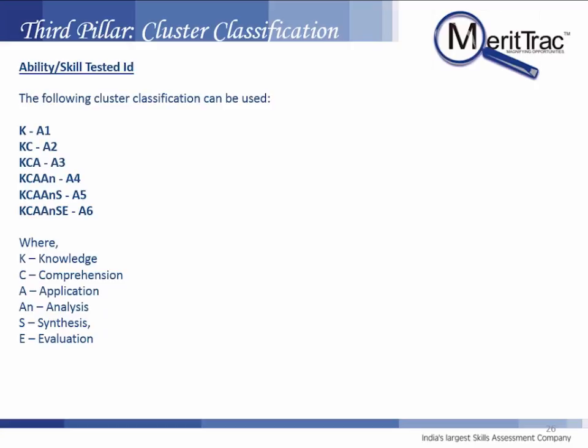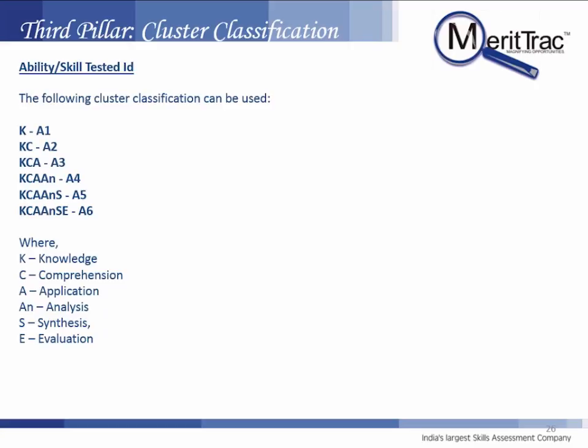A4 will have knowledge, comprehension, application as well as analysis. A5 will also have synthesis in addition to whatever you had in A4, and all the 6 abilities would be tested somehow or other whenever an item comes under A6.